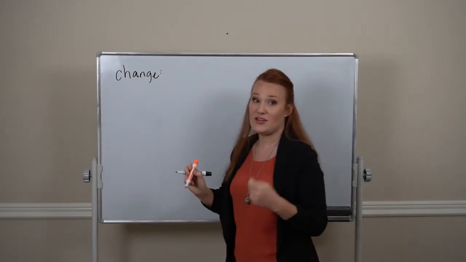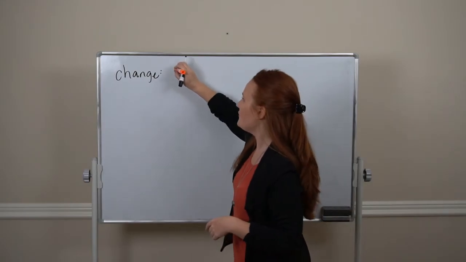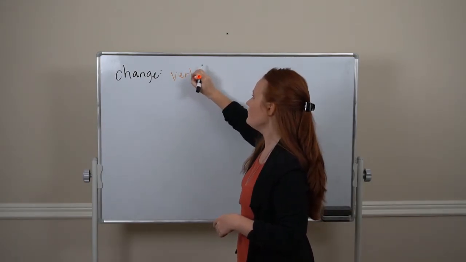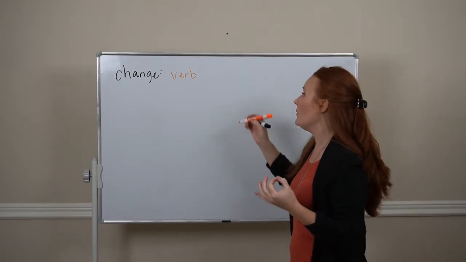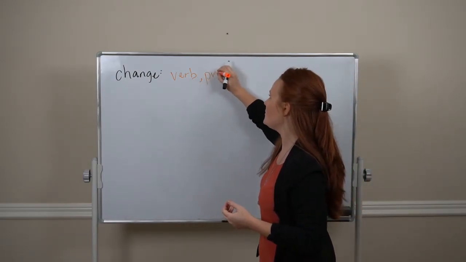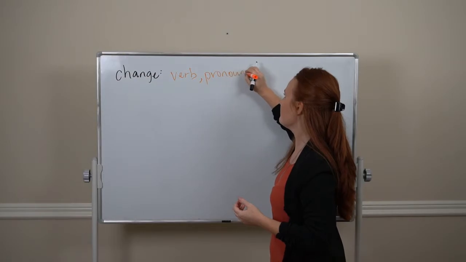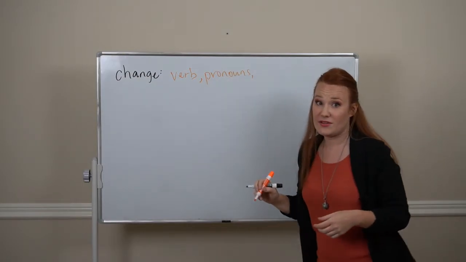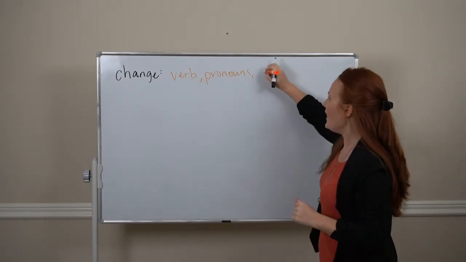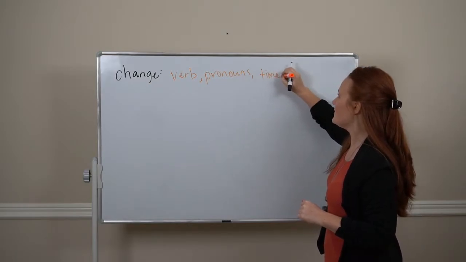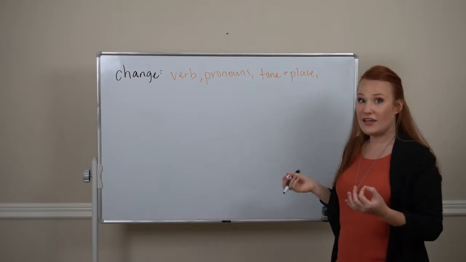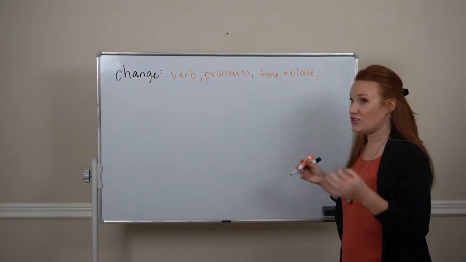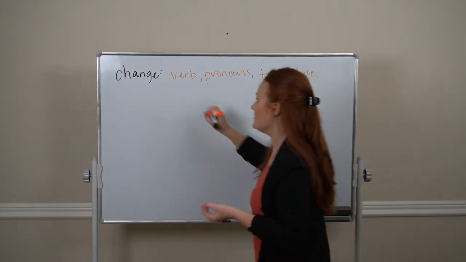We will have to change, first of all, the tense of the verb. Remember, we're going one into the past. We might have to change pronouns. I'll give you an example of that. We might have to change any words of time and place. And we might have to change this or these demonstratives.